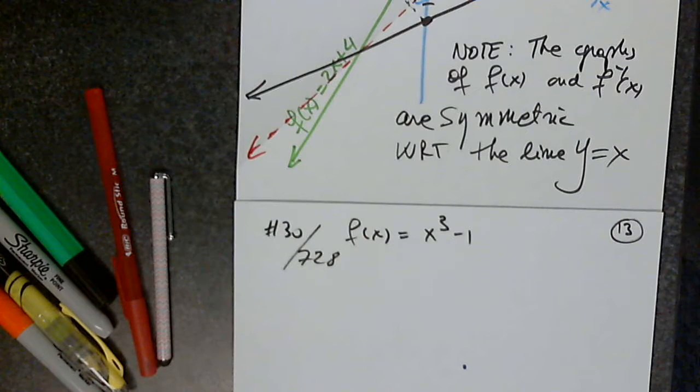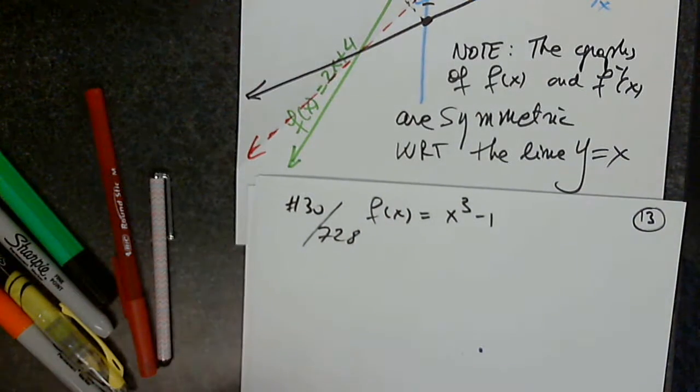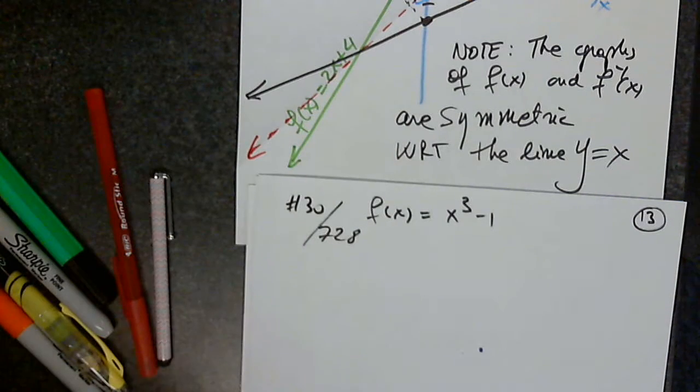Wait, so what are we trying to do with this problem? Say it again. What exactly are we trying to do? The 4-step procedure to find the inverse and then graph both on the same Cartesian or coordinate system. I can skip the graphing because that's a little bit more difficult for this particular function because it's a cube function. I can skip the graph.